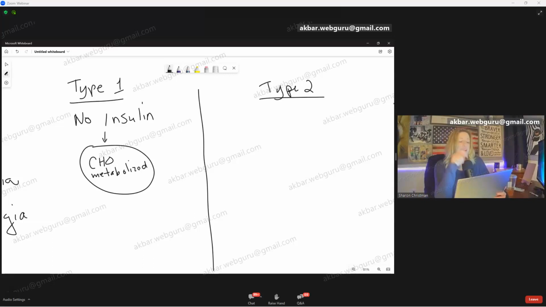So if you don't have insulin, this carbohydrate cannot get into the cell to be metabolized. The word metabolized means broken down and used for energy. So if there's no insulin, then there's no carbohydrate metabolism going on.